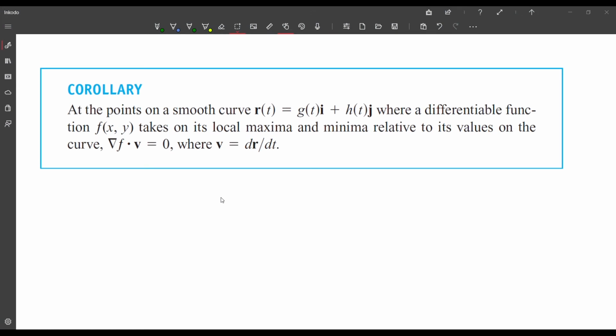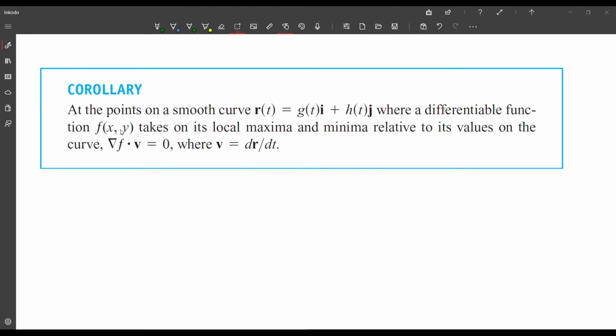Now, by dropping z terms in the above theorem, we get a corollary to the theorem for the case of functions of two variables. At a point on a smooth curve r of t equal to g of t i plus h of t j, where a differentiable function f of x, y takes on its local maxima and minima relative to its values on the curve, del f dot v equal to 0, where v is dr by dt.